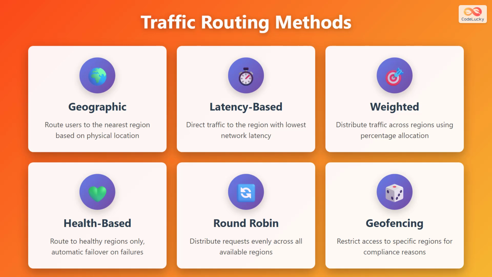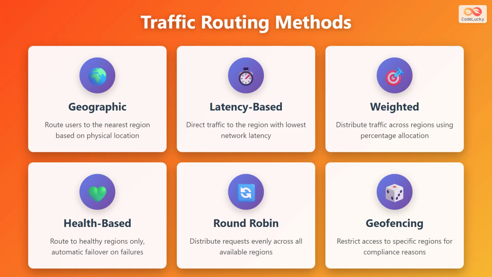Multi-region architecture relies on intelligent traffic routing to direct users to the appropriate region. Geographic routing sends users to the nearest region based on their physical location. Latency-based routing is more sophisticated, directing traffic to the region with the lowest network latency for optimal performance. Weighted routing distributes traffic across regions using percentage allocation, useful for gradual rollouts or load balancing.